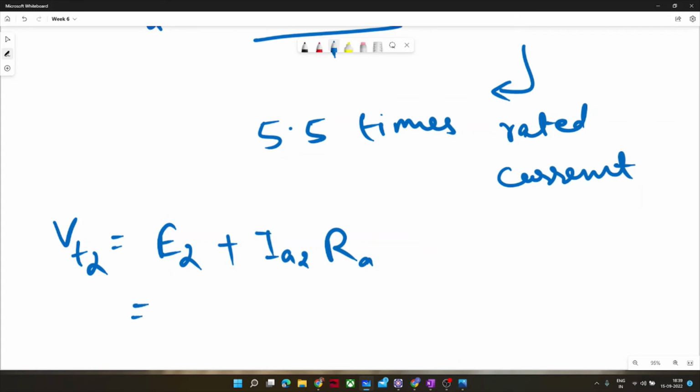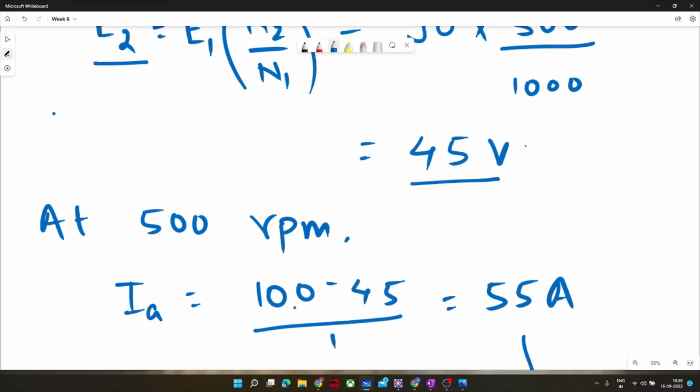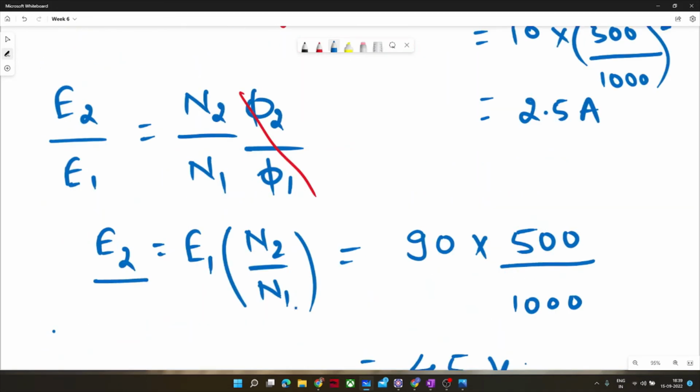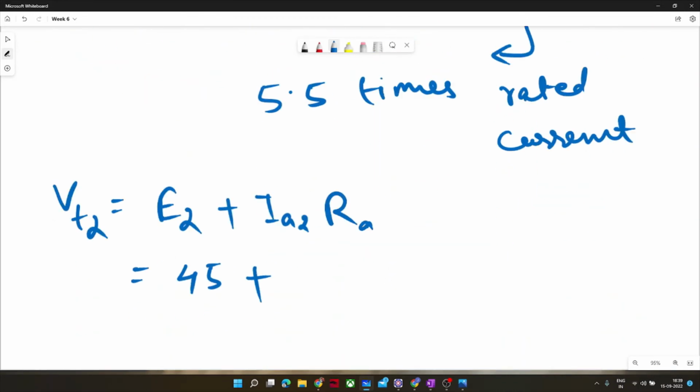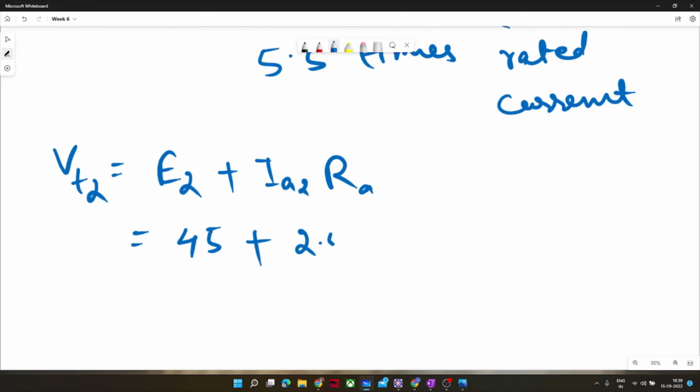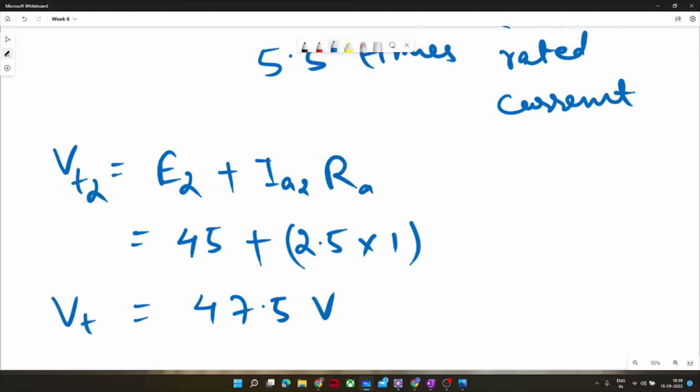E2 we calculated 45 volt, plus Ia2 we calculated to be 2.5 ampere, into 1, which will be equal to 47.5 volt. So this will be your answer, how much armature voltage you can apply.